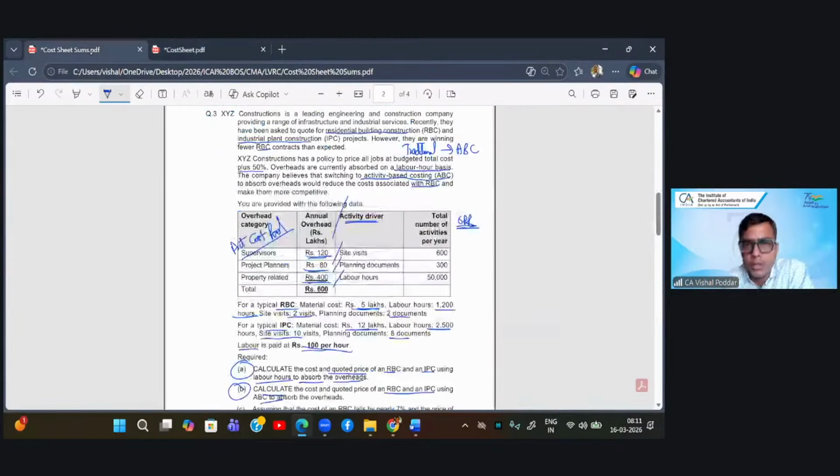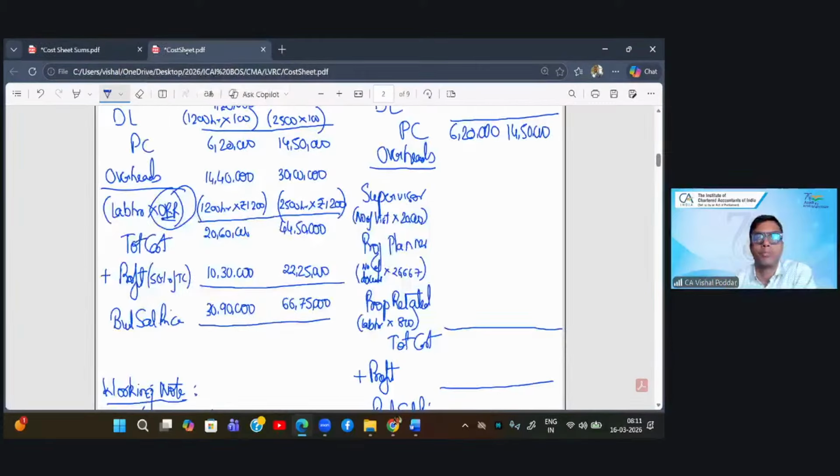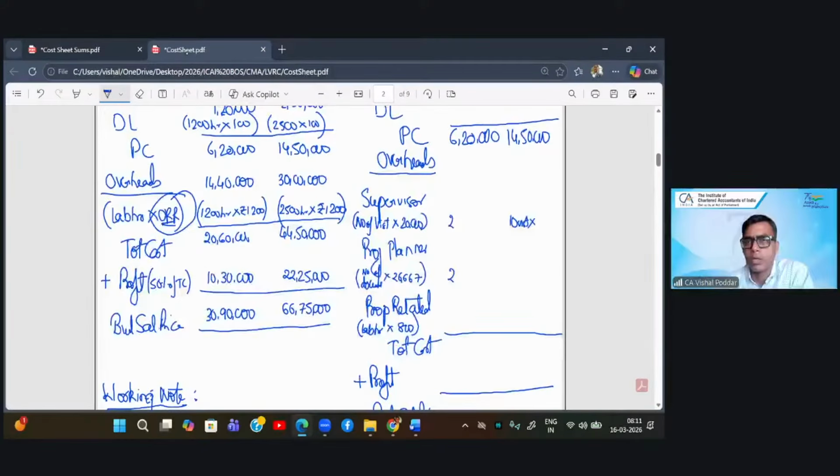Now let us see what are the figures. So visits are 2, documents are 2, visits are 10, documents are 8. Correct? This is 26,667. This is 26,667.